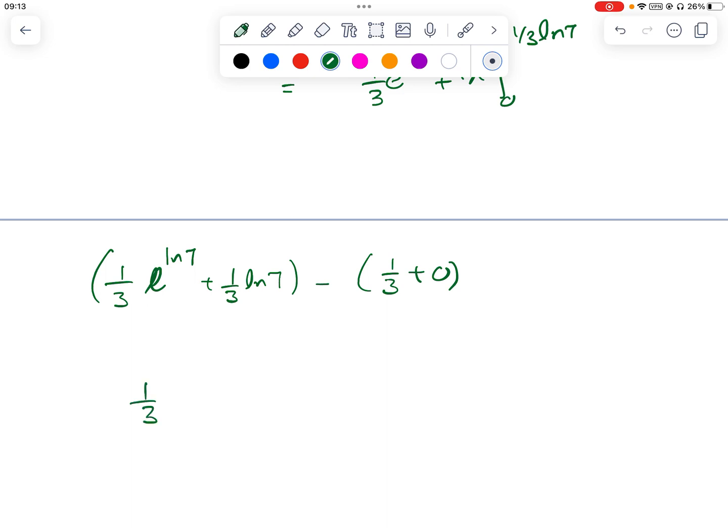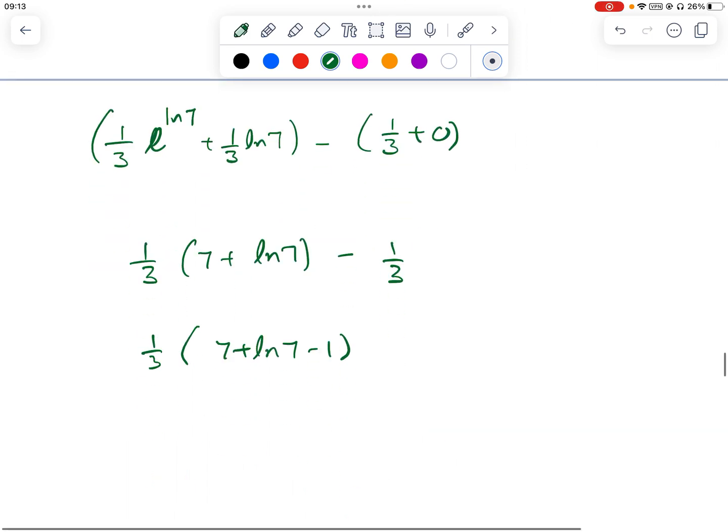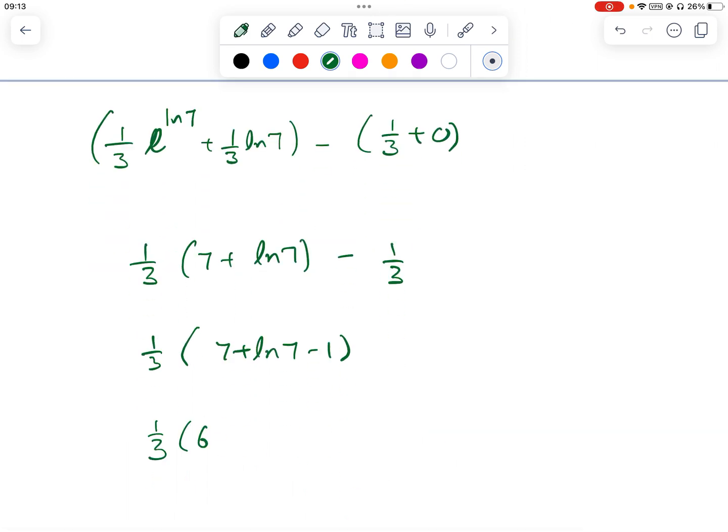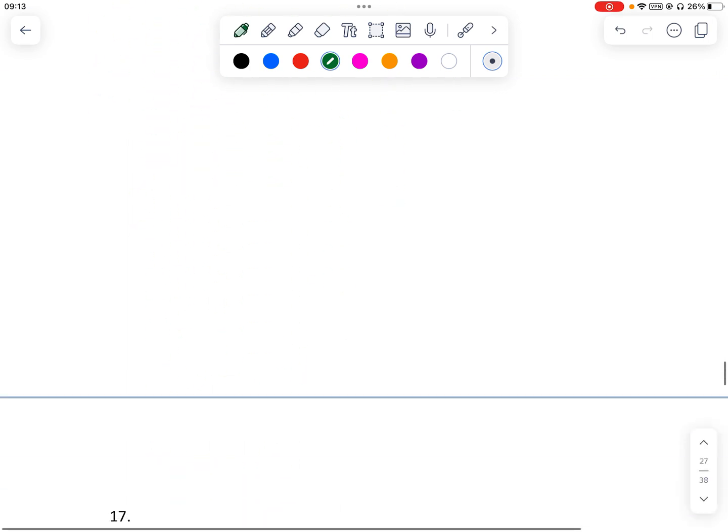So it becomes 1/3 (7) + 1/3 ln 7 minus 1/3. So 1/3 (7 + ln 7 - 1). So what does it become? 1/3 (6 + ln 7), so it becomes 2 + 1/3 ln 7. That's going to be the answer.